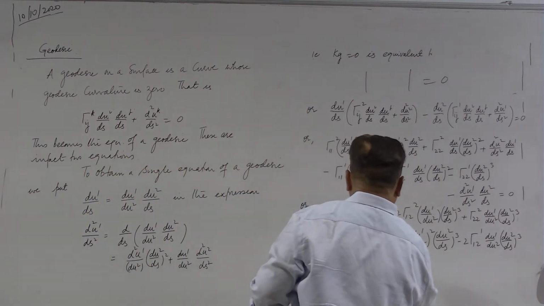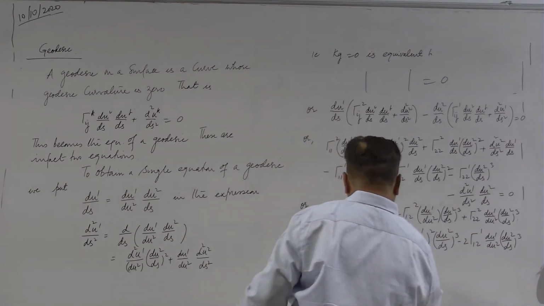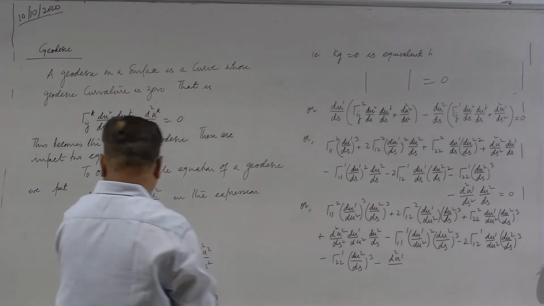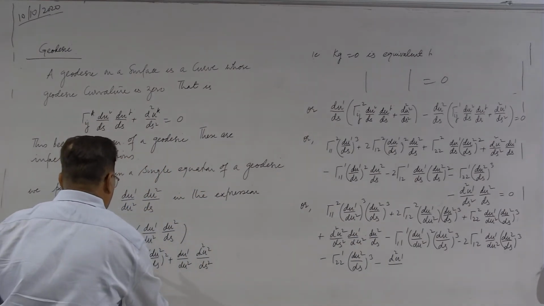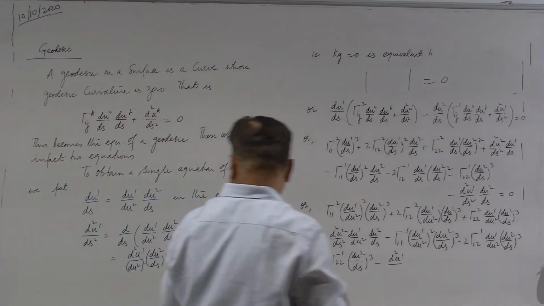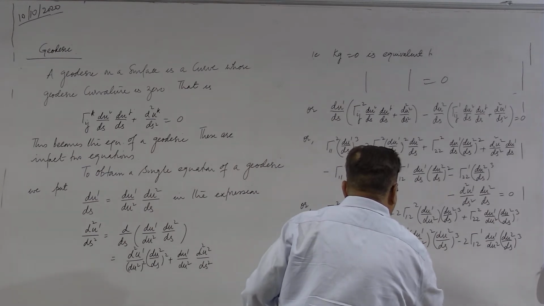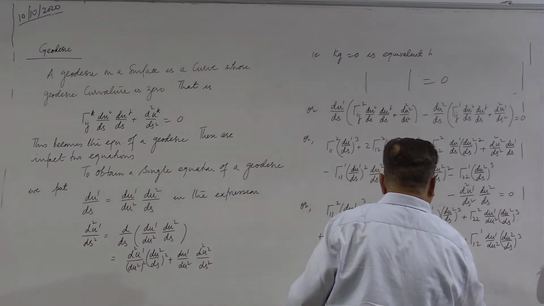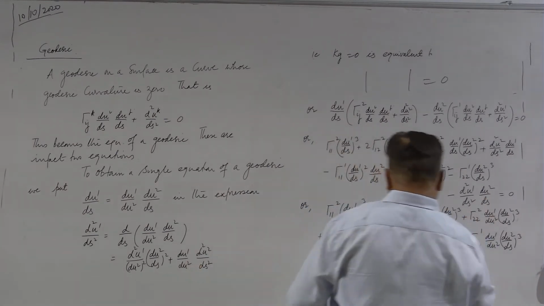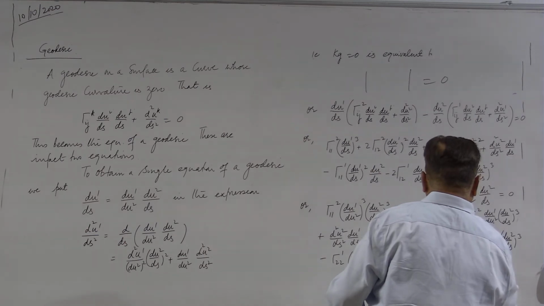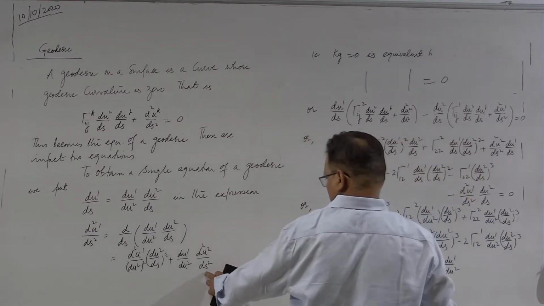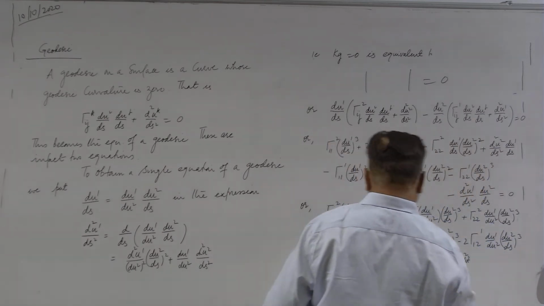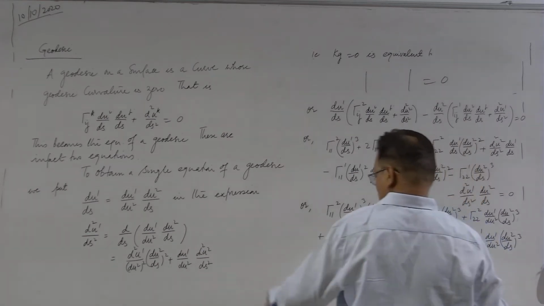So, then I will be having a minus sign d²u1/du2² into (du2/ds) whole cube, because of this, and then once again minus du1/du2 into d²u2/ds² into du2/ds.